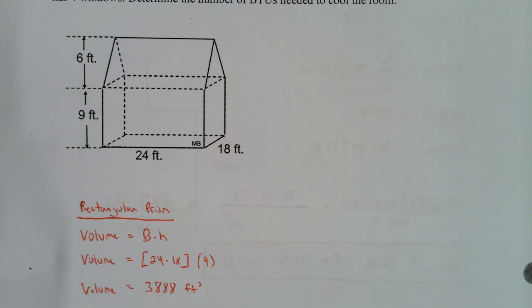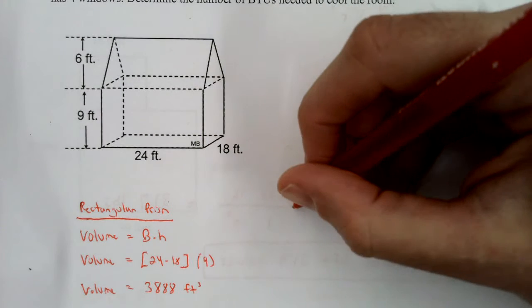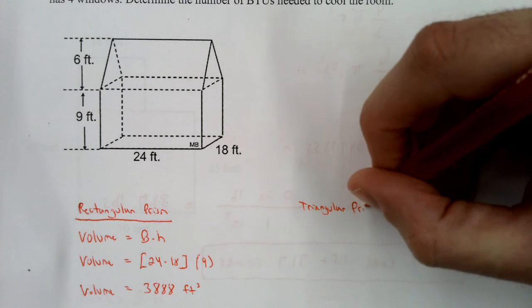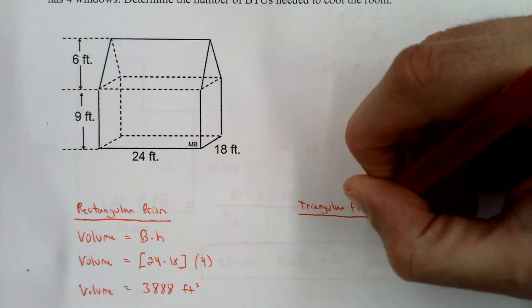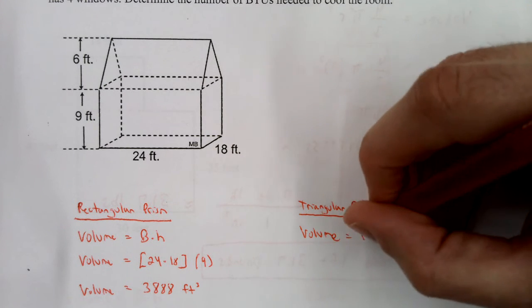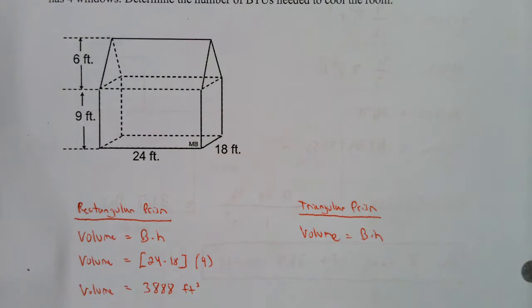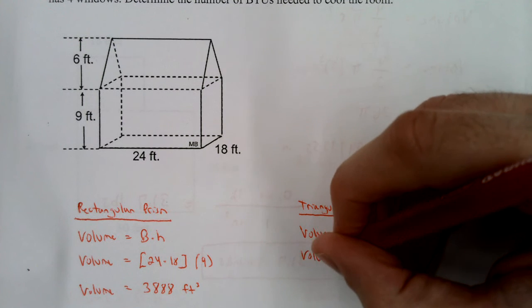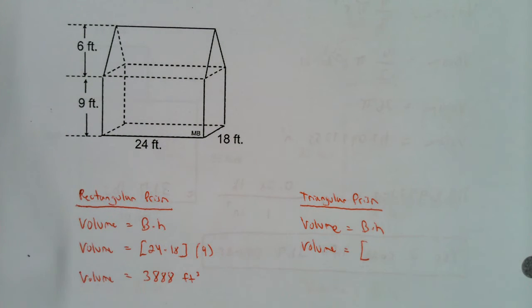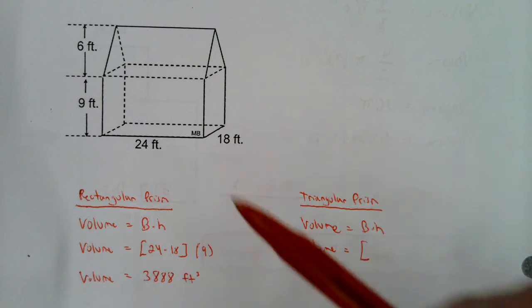Now let's do the triangular prism. Okay? So the triangular prism. Again, volume equals base times height. Okay, the base is a triangle. So you're going to use the formula for the area of a triangle, which is 1/2 base times height.